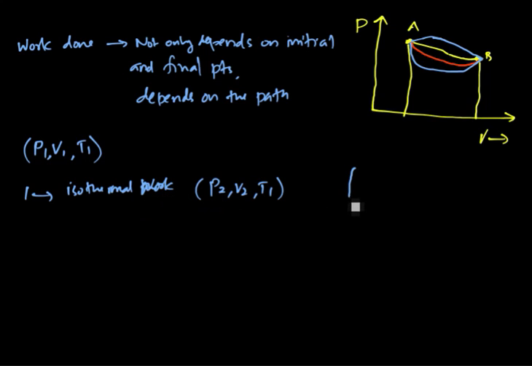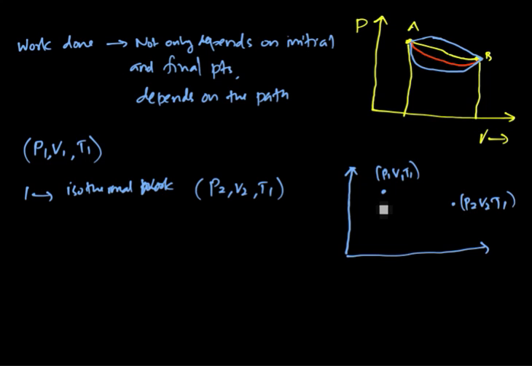So that can be represented on the indicator diagram like this. This is the initial state P1, V1, T1, and this is P2, V2, T1 again.